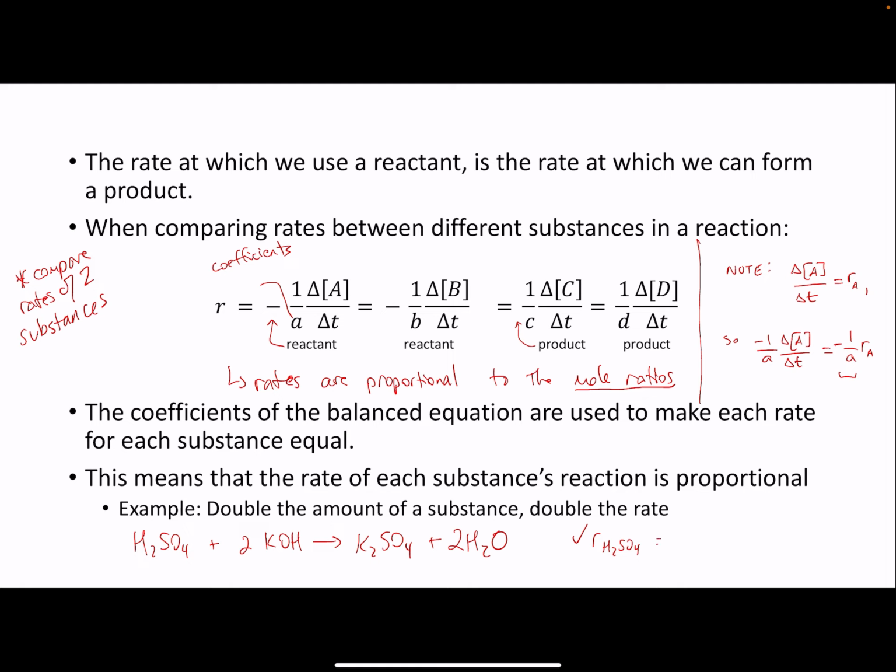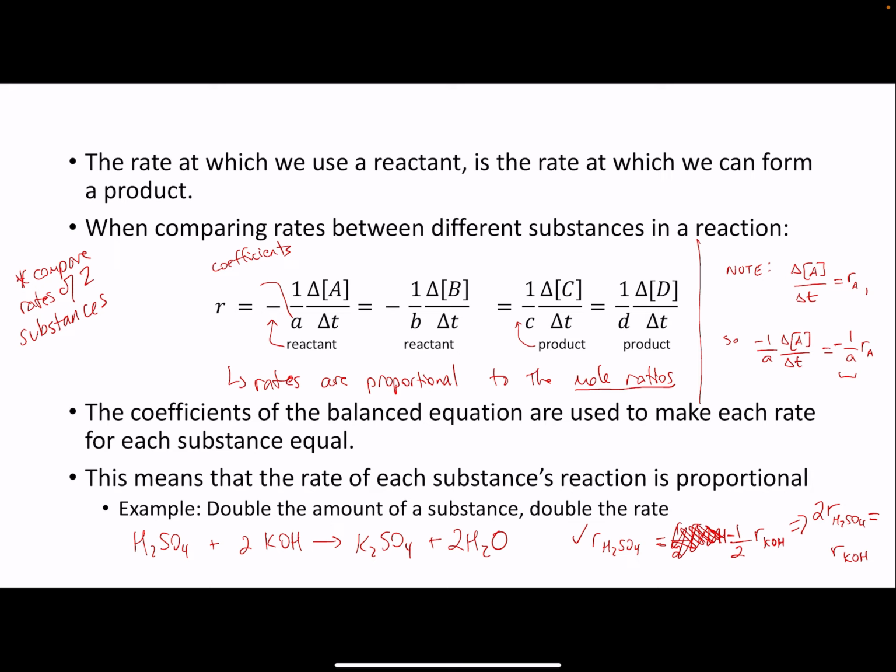We would say that is equal to 1 over its coefficient, which is 2, times the rate of KOH, and there's a negative sign in front of that. When we rearrange and solve for the rate of potassium hydroxide, we see that 2 times the rate of sulfuric acid is equal to the rate of potassium hydroxide.